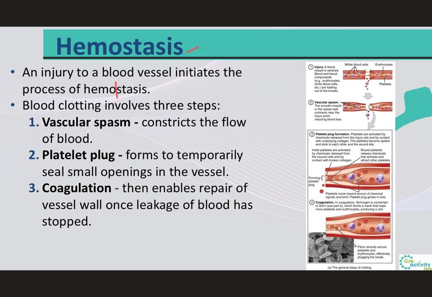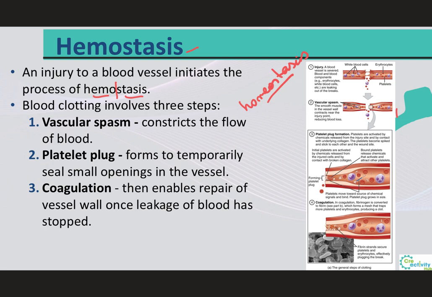Hemo means blood and stasis means halt or stop, so this is exactly what this process will do. It will stop the blood from leaving the blood vessels. Don't confuse hemostasis with homeostasis, which is when the body is trying to reach equilibrium to stay stable. These words are similar, but make sure that you don't get confused.